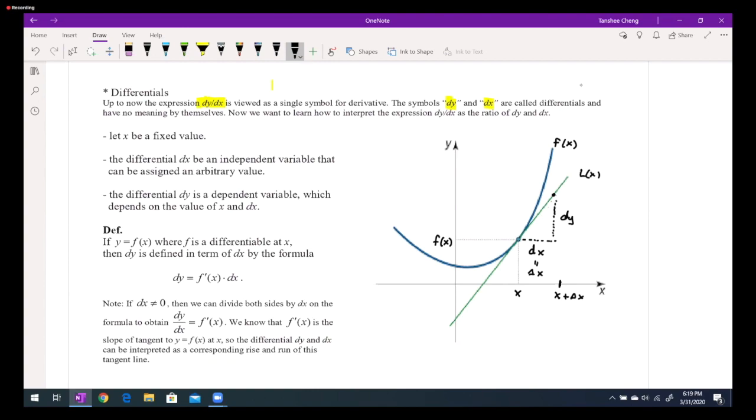When dx is not equal to 0, if we divide both sides by dx, we get back to the derivative format: dy over dx is equal to f prime of x. So now we can talk about dy over dx as a ratio, interpreted as the rise over run of the slope of the tangent line.